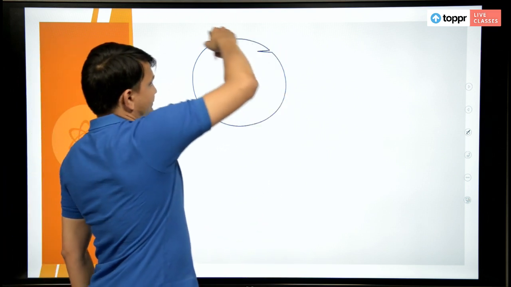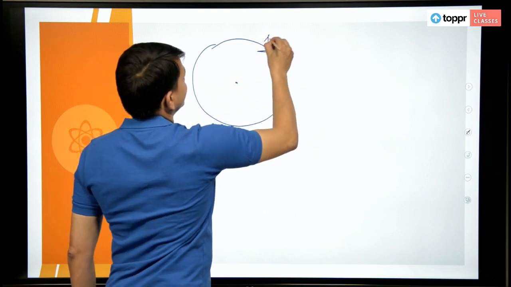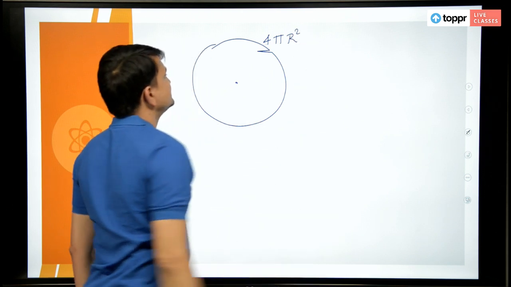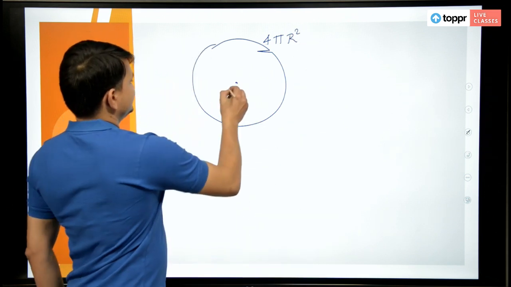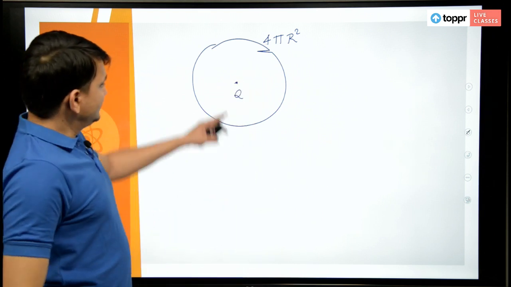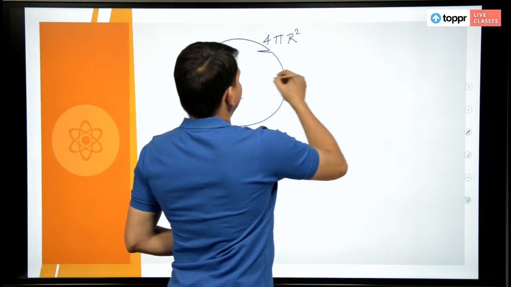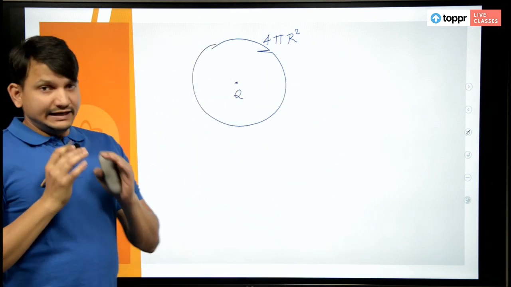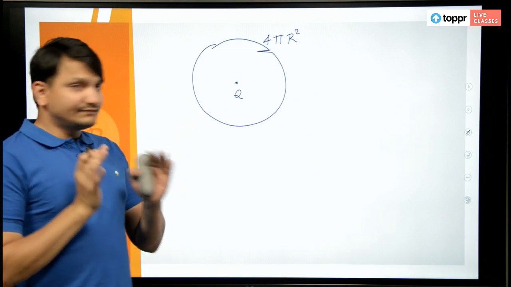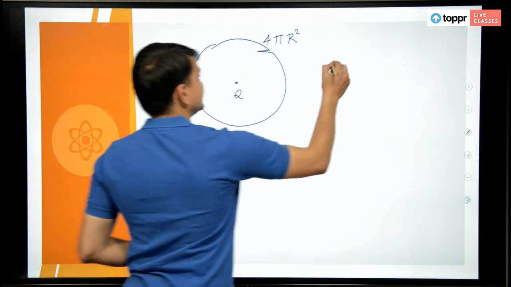So the area of this Gaussian surface would be 4 pi r square, and this charge is, let's say, q. According to Gauss law, the electric field is constant. We are considering flux by the Gauss's law. The total flux through this surface is q divided by epsilon naught.